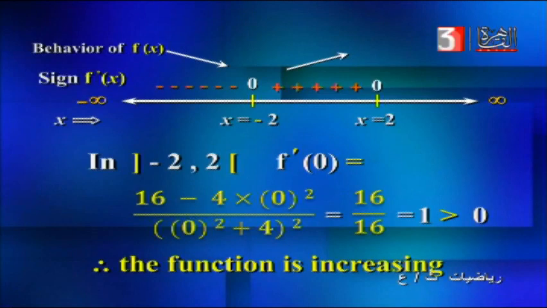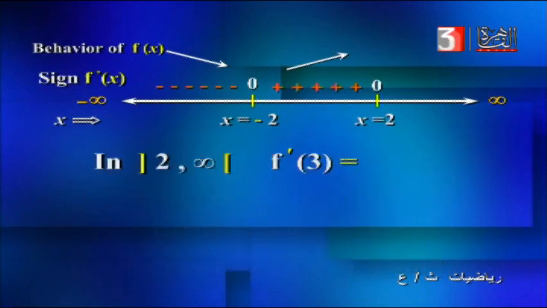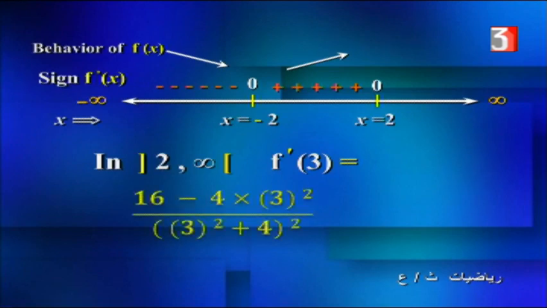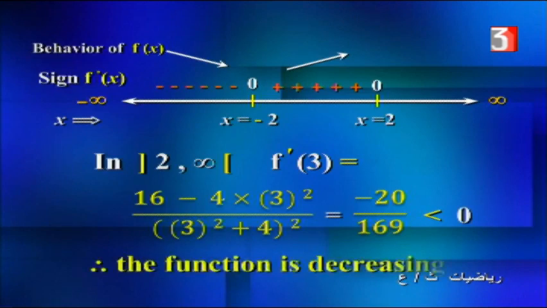In the last interval, open interval 2 to infinity, f'(3) equals 16 minus 4 times 3 power 2 over (3 power 2 plus 4) all power 2, which equals negative 20 over 169, smaller than 0, and the function is decreasing in this interval.